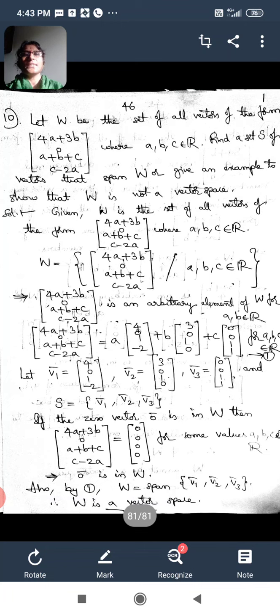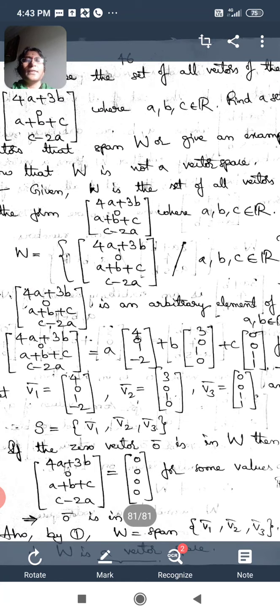Now let us move on to the solution, and let us take the information given in the problem first. We are given that W is the set of all 4 by 1 column vectors with the entries 4a plus 3b, 0, a plus b plus c, c minus 2a, where a, b, c are real numbers.